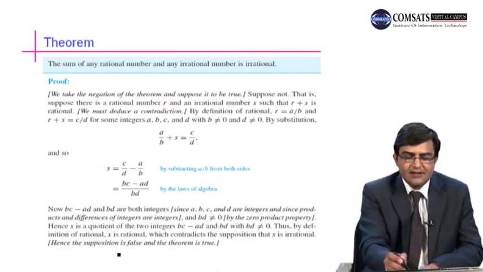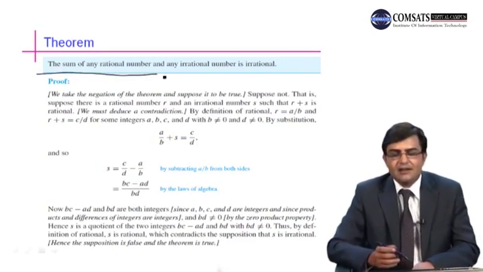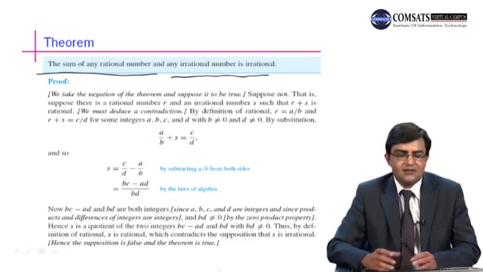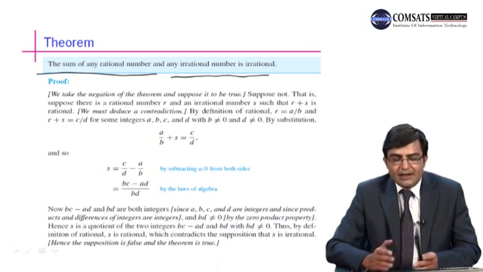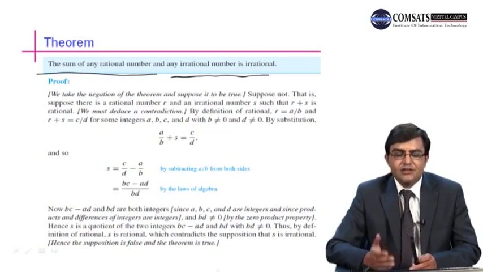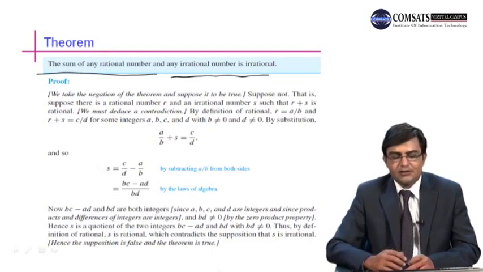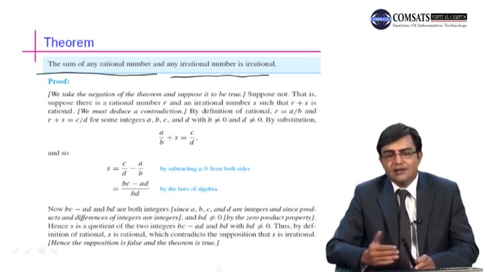We can similarly prove this theorem also: the sum of any rational and any irrational is irrational. This theorem we can also prove by the method of contradiction. The sum of any rational number and any irrational number is an irrational number. So on the same process, we take the negation of this statement: the sum of a rational and an irrational is not irrational.